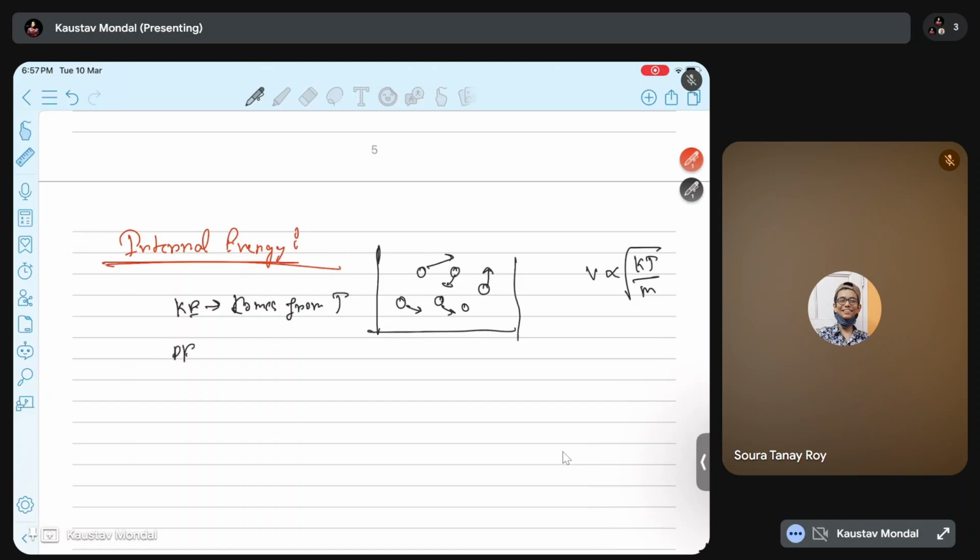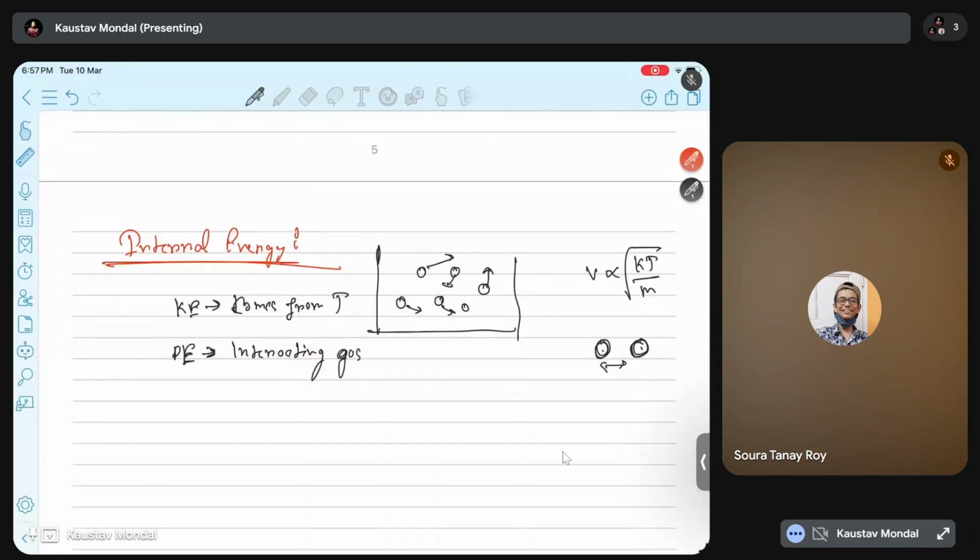Another is the potential energy. The gas particles have some potential, like the van der Waals potential or some interaction potential. When two gas molecules interact, there is some potential energy acting between the pair. So interacting gas molecules give rise to the potential energy of the system.